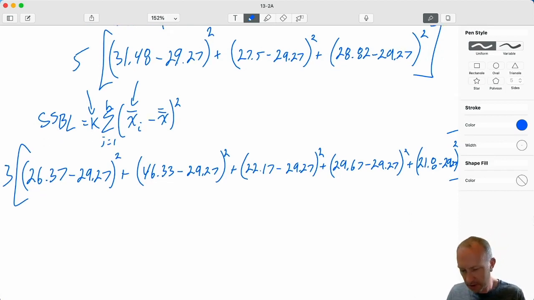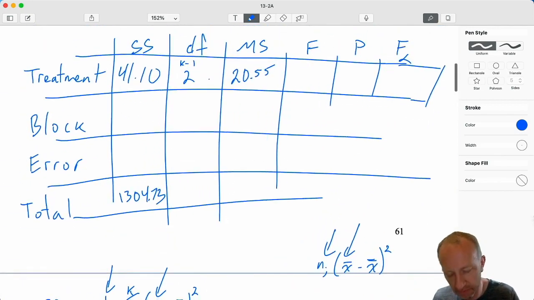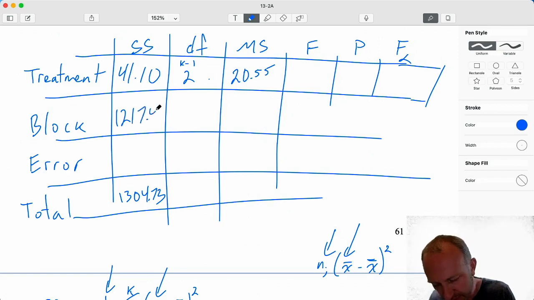Okay, let's do this. 26.37 minus 29.27 squared plus, I'm just using brackets on this calculation, 46.33 minus 29.27 squared plus 22.17 minus 29.27 squared plus 29.67, and the very last one, 21.8. Multiply that by 3, and I have 1217.47.